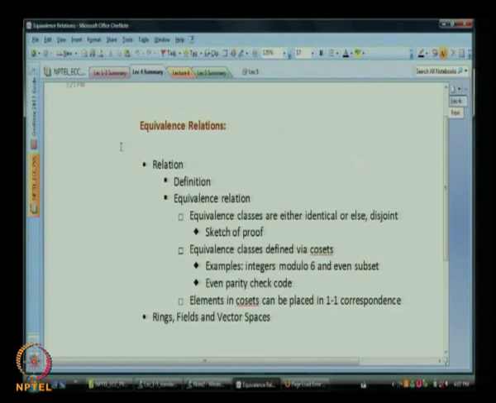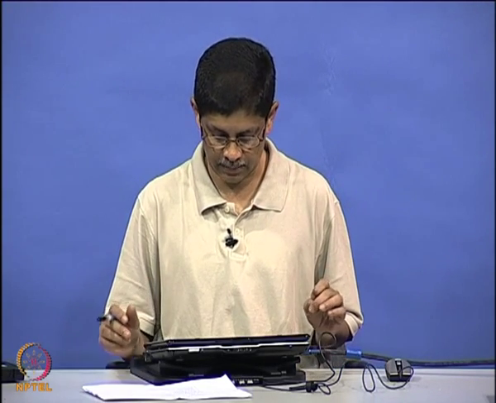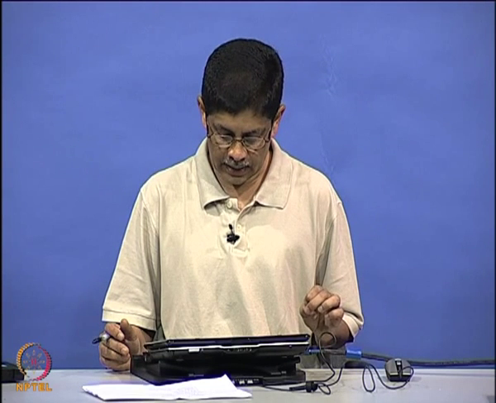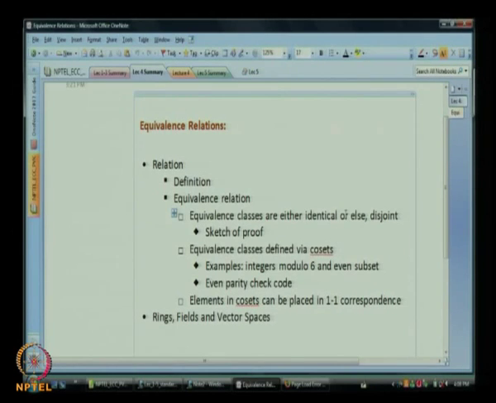We talked about the fact that an equivalence relation, a particular form of relation, has the property that it partitions a set into equivalence classes, meaning that the set is broken into collections of subsets which are disjoint. And then we gave an example of an equivalence relation that arises from the presence of a subgroup within the group. So we looked at such an example, and so that is about where we were.